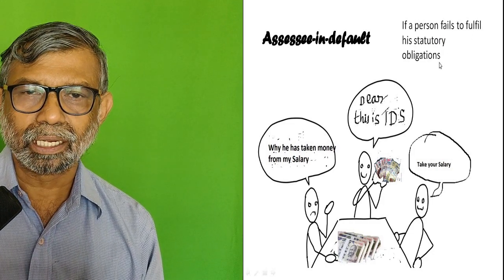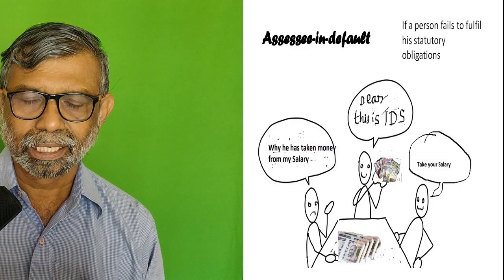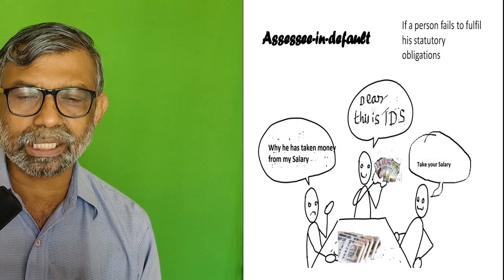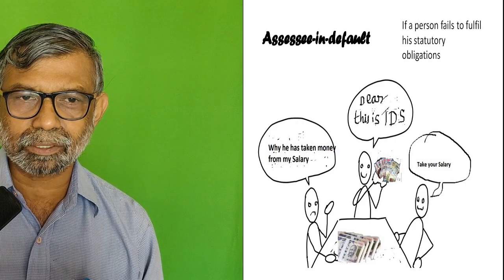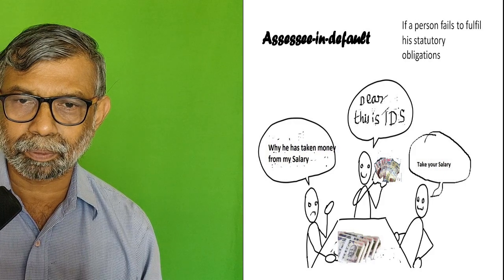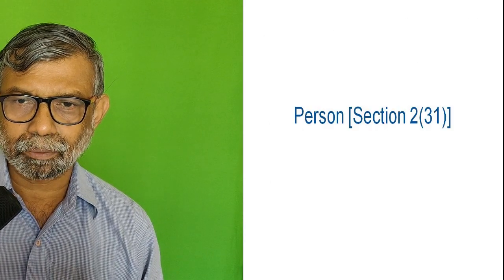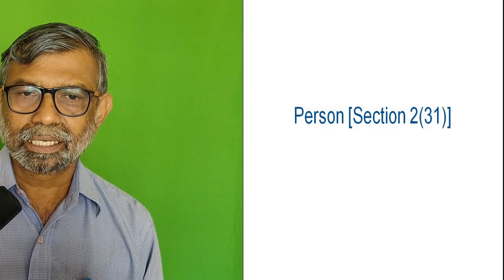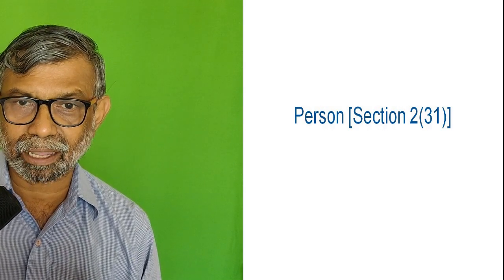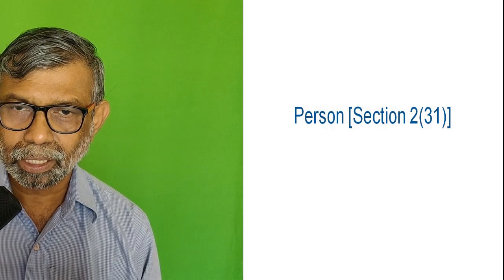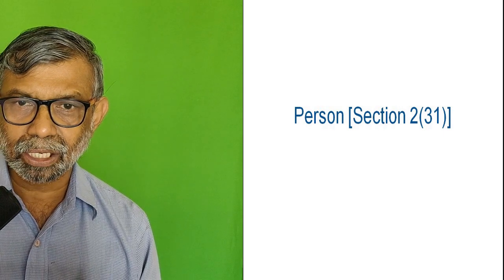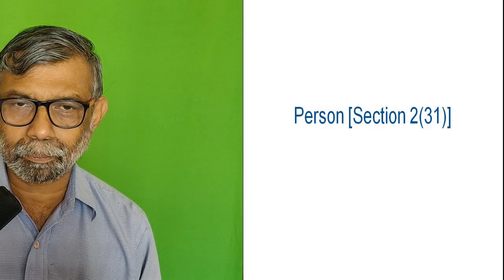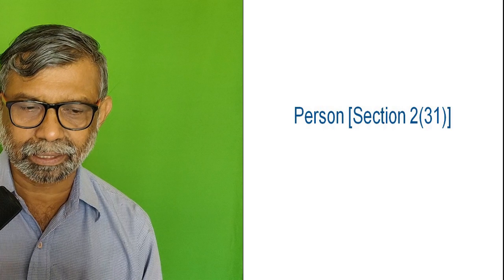This is assessee. Hope you understood who is an assessee. Now the next one is person. When we hear the word person, we conceive of a person as a human being, an individual. Clear? But the Income Tax Act has a bigger view. Income tax थोड़ा दूर देख रहे. Income Tax Department बोल रहे person, section 2(31).